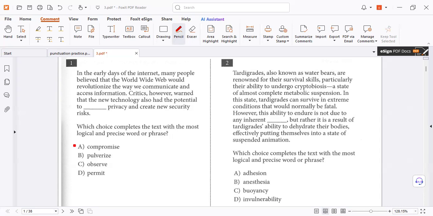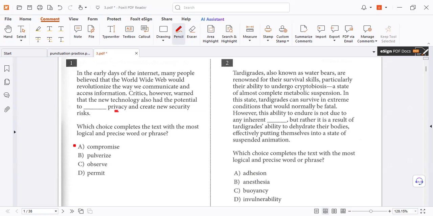To pulverize, from the strong sound of the word, it tells you about a strong action, like to defeat someone, to press, to crush, to break, to destroy. That means we are not talking here about pulverizing the privacy. So it does not make sense. Okay, it's correct.